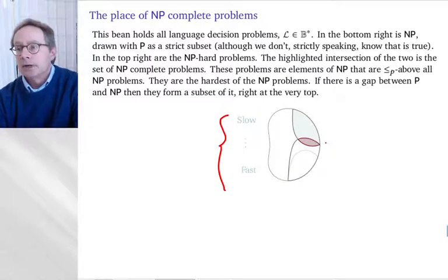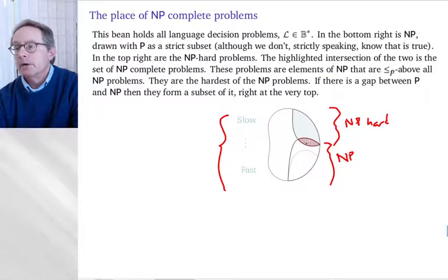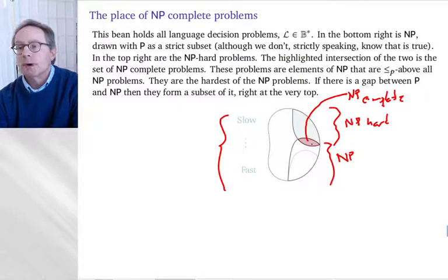In here is NP. Sorry, NP, I wrote it with a lowercase n. So NP, and up here, of course, are NP hard. NP hard means that any problem in here would allow you to solve all NP problems. And right in here, these are the NP complete. So the NP complete problems are those problems that are simultaneously NP and NP hard.